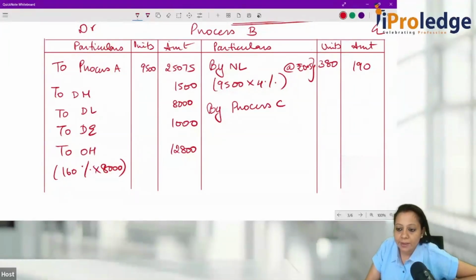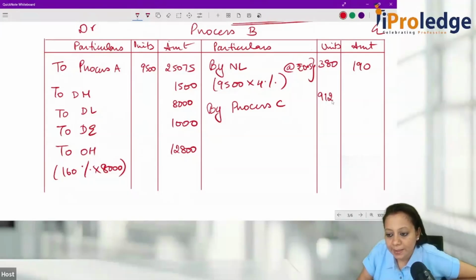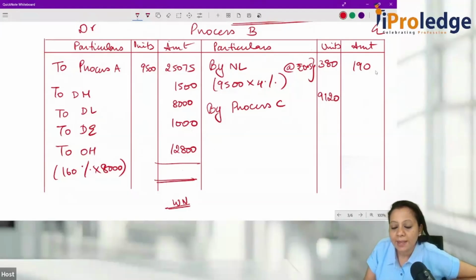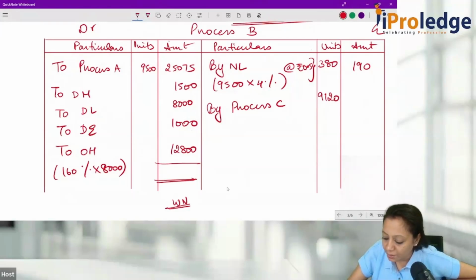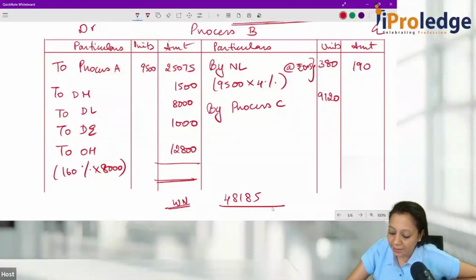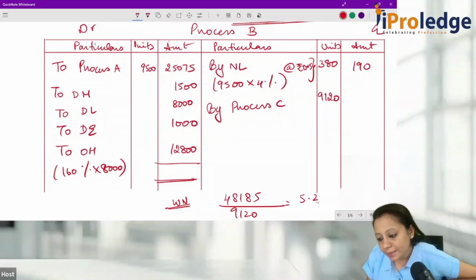So 9,500 minus 380 is 9,120. So for the working note, you all know the total cost of this minus 190 will be the numerator. So 25,057 plus 1,500 plus 8,000 plus 1,000 plus 12,800 minus 190, we'll get 48,185. Divided by the number of units, which is 9,500 minus 380, that is 9,120.